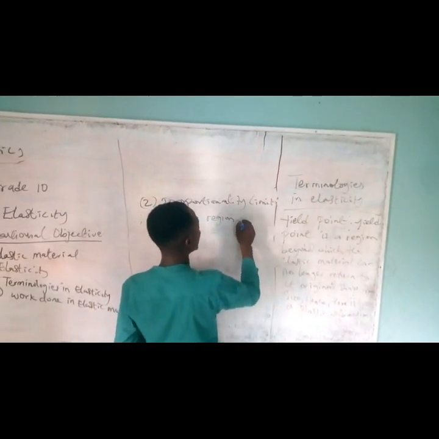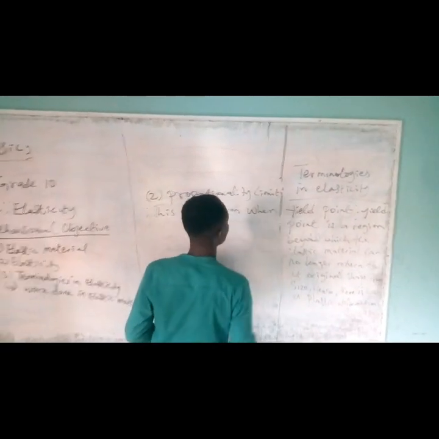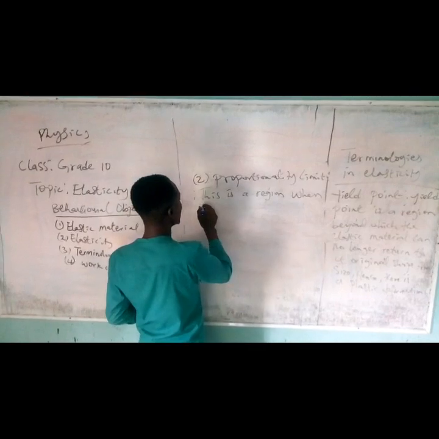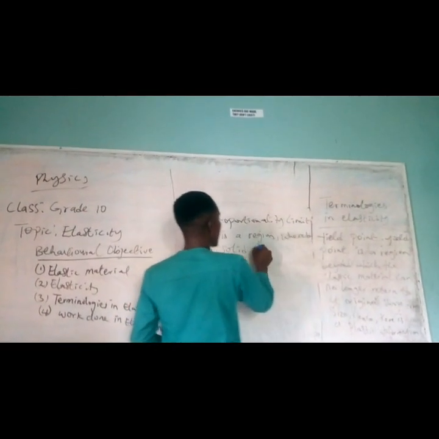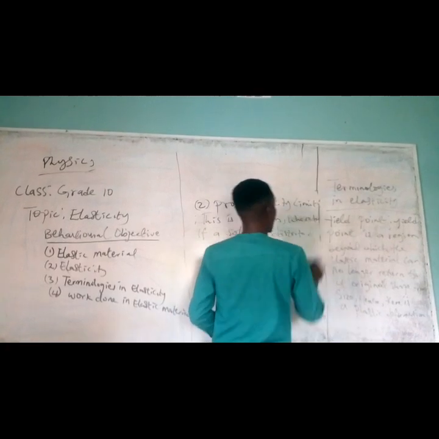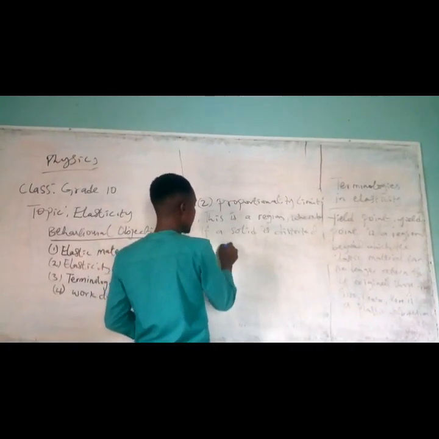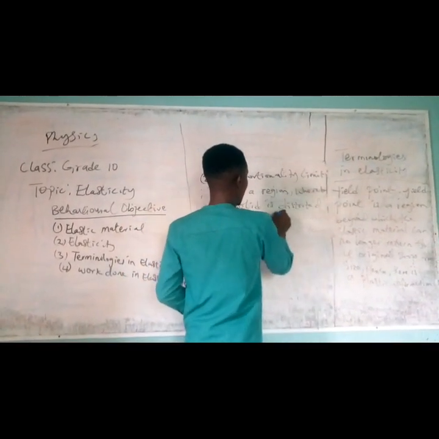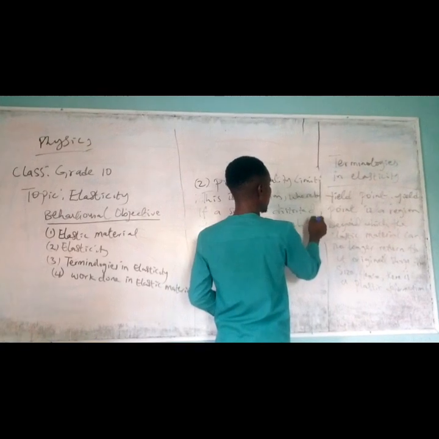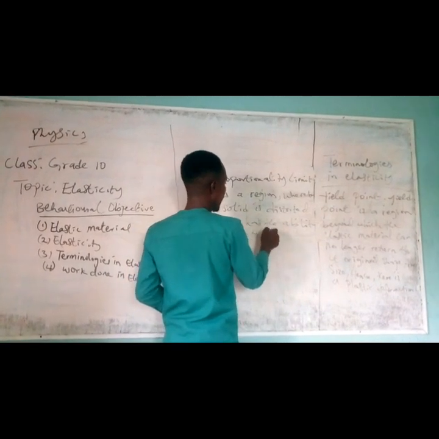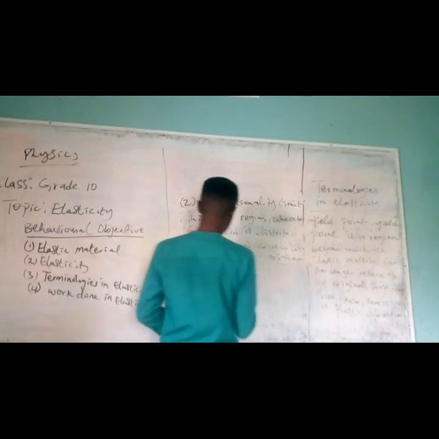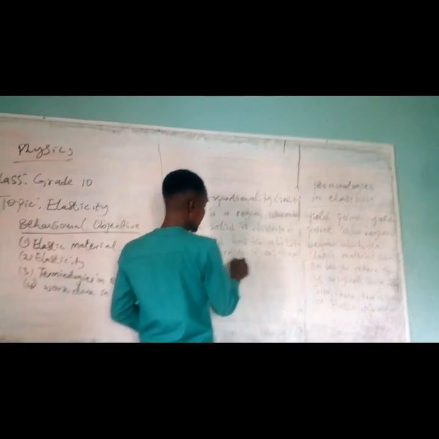This is a region whereby if a solid is distorted, the solid has the ability to return to its original shape and size.